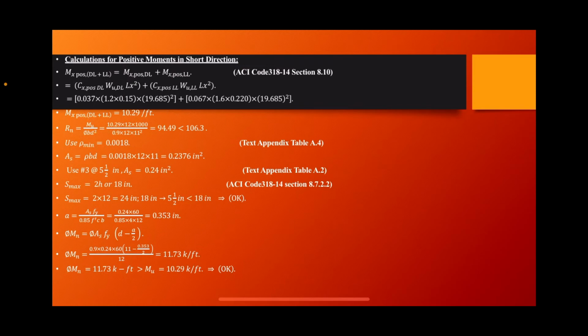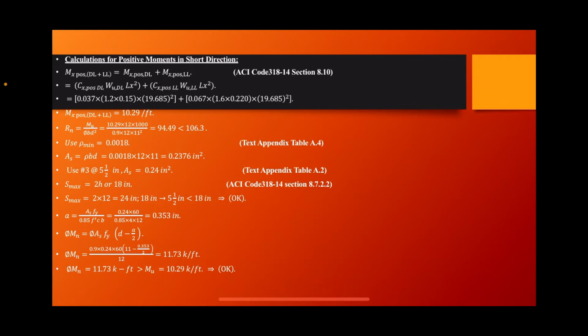Then we do the positive moment in the short direction, which is slightly different because we have the coefficients for the dead loads and the live loads. It's not like the previous two. So we get the ultimate load at 10.29, sorry. Then we calculate the Rn.